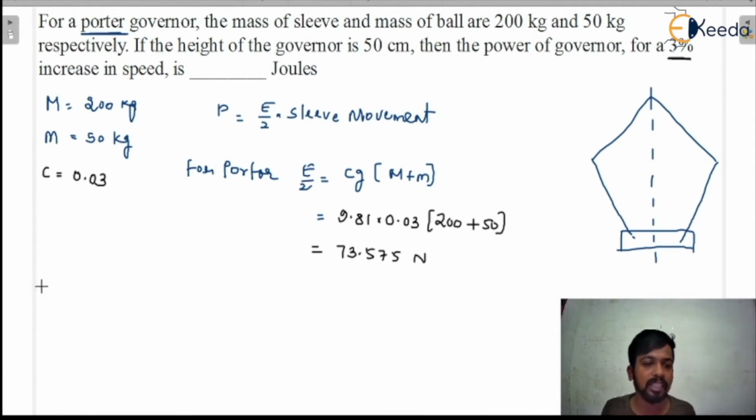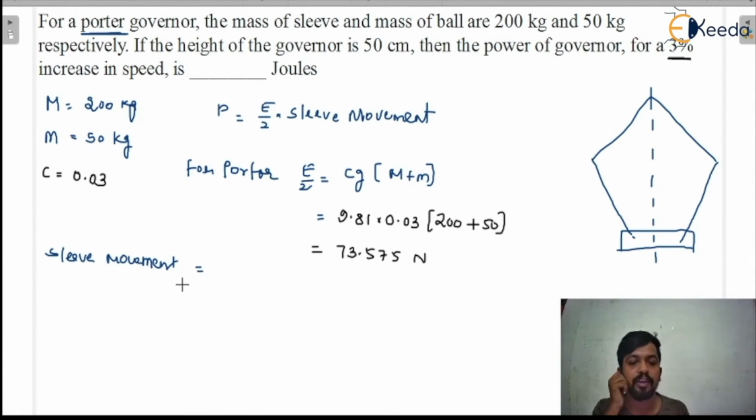Now we have calculated the effort of the governor. Now we just need to calculate the sleeve movement. What is the formula for the sleeve movement? That is important. We calculated the sleeve movement in the last lecture. In the last video, we derived the sleeve movement formula when there is a decrease in the speed of the governor. But here it is an increase in the speed, so the sleeve movement would go the other way.